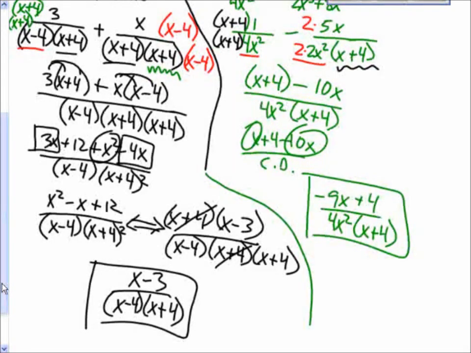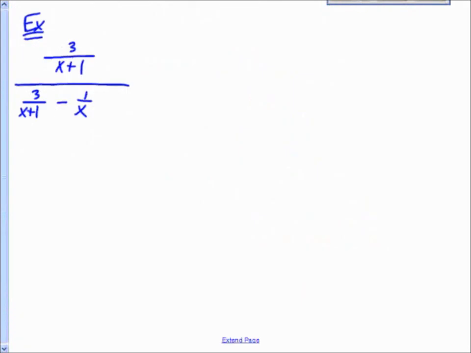All right, let's move on here to some simplification of complex fractions. You notice a complex fraction is simply a fraction that contains a fraction in its numerator or denominator. In this case, we have this fraction in the numerator, and we actually have a couple different fractions here in the denominator, don't we?